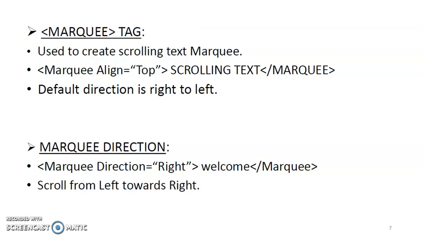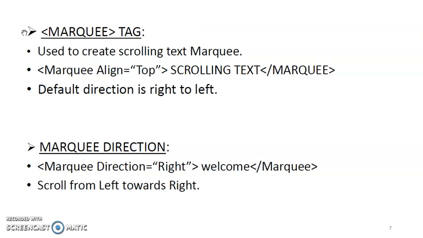Now you can see the example: marquee direction is equals to right and in between you mention welcome. Means what? Your marquee scrolls from left to right. Okay, so the default direction is what? Right to left. If you are not mentioning any direction, then your marquee scrolls right to left only.